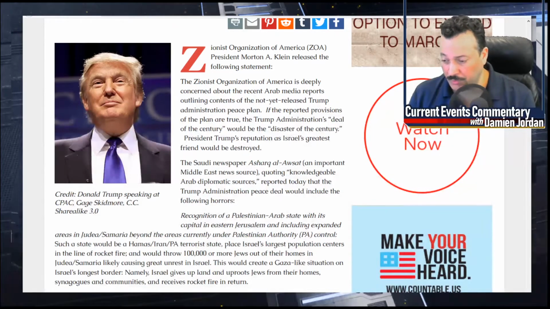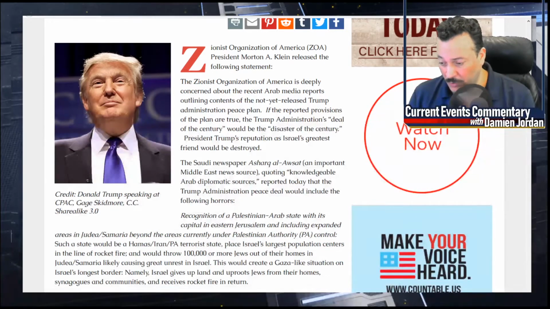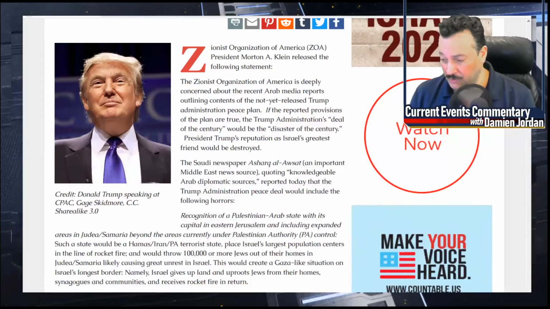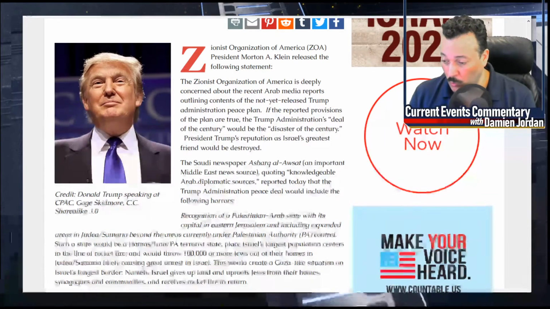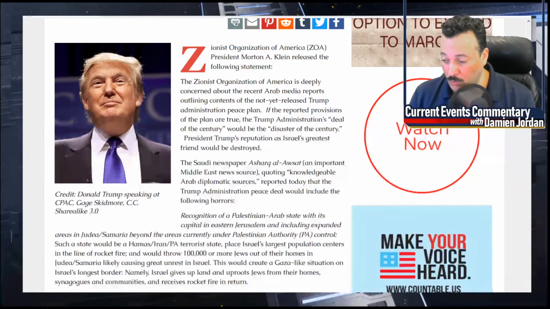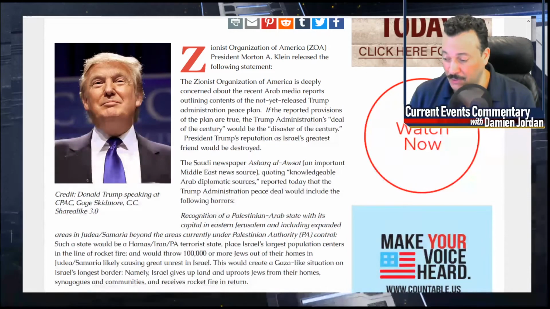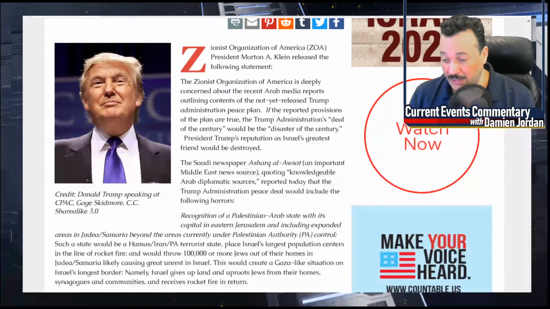Such a state would be a Hamas, Iran, PA terrorist state, place Israel's largest population centers in the line of rocket fire, and would throw 100,000 or more Jews out of their homes in Judea, Samaria, likely causing great unrest in Israel.